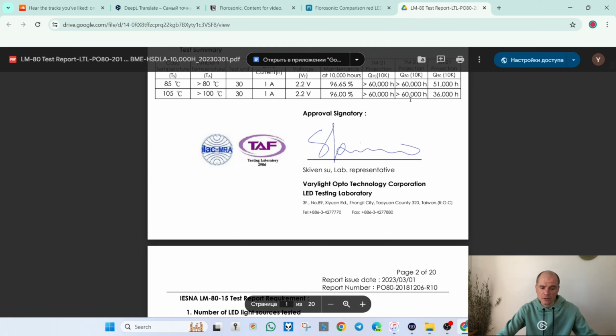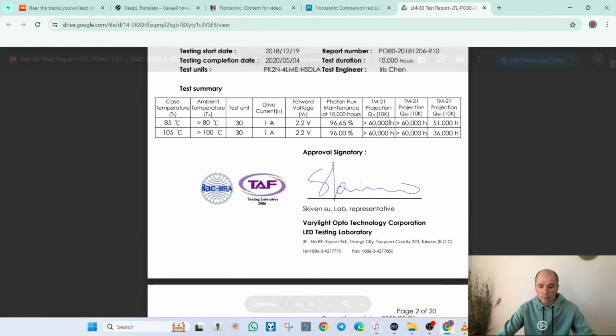That's almost 6 years of continuous work. More detailed information on the LM80 test methodology can be found on the internet. And I will be using this LED at 0.7 ampere and temperature on case is less than 17 degrees. This means that the lifetime of the LED will be even longer.